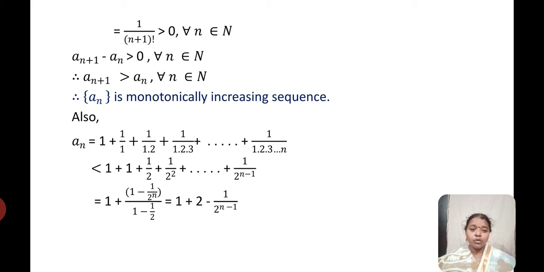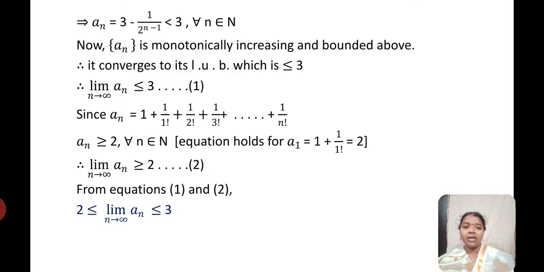So when I use the formula, I would be getting 1 plus (1 minus 1 by 2 raised to n) divided by (1 minus half). So this is nothing but 1 plus 2 minus 1 divided by 2 raised to n minus 1, which is nothing but 3 minus 1 by 2 raised to n minus 1.